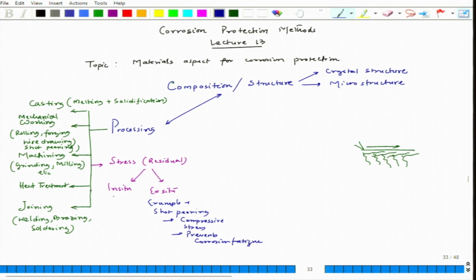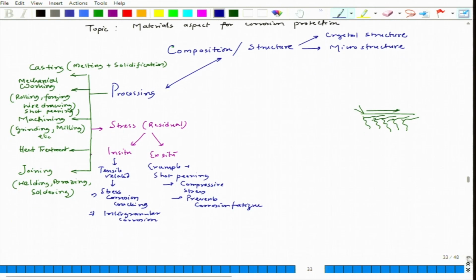And in situ, definitely if it is tensile related, that might lead to stress corrosion cracking, that can lead to intergranular corrosion, it can lead to pitting, all those possibilities exist.